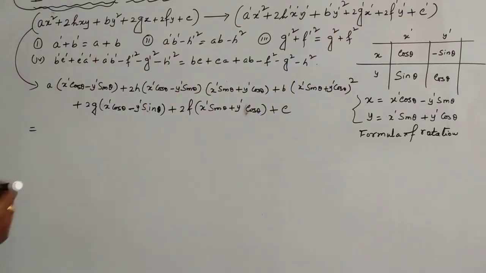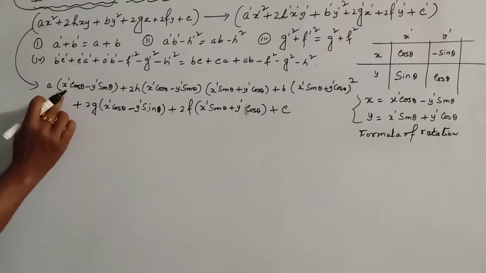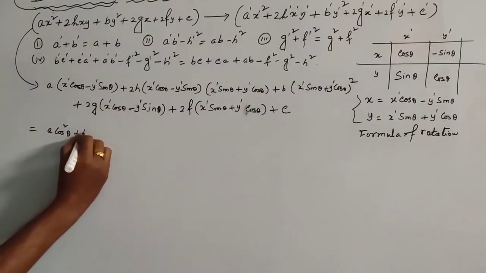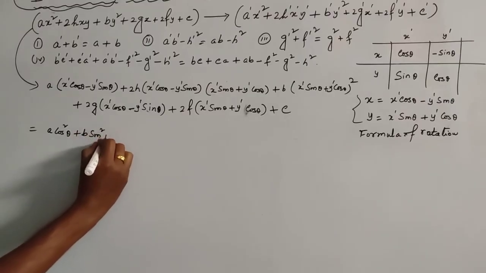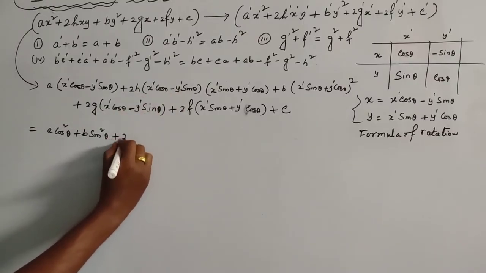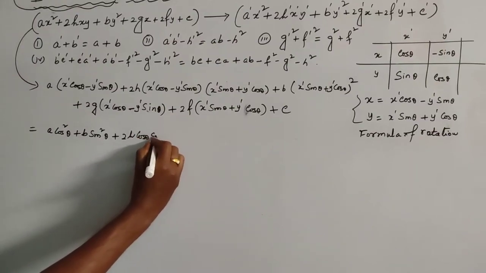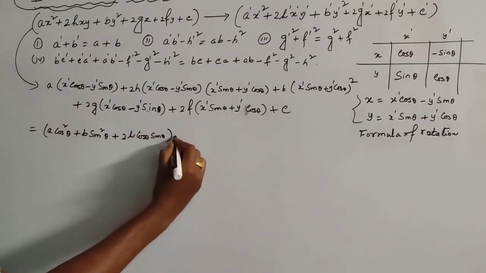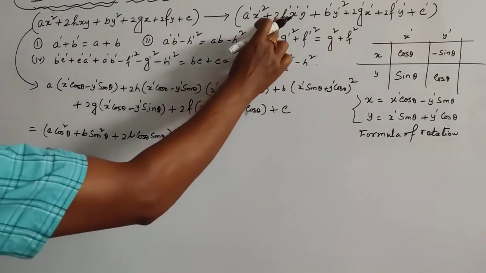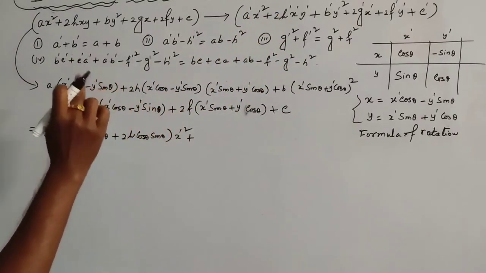We first write a cos square theta, and we get here b sin square theta, and from this relation we get plus 2h cos theta sin theta into x dash square plus, we take common x dash y dash.